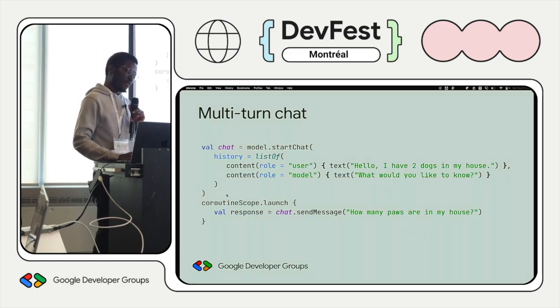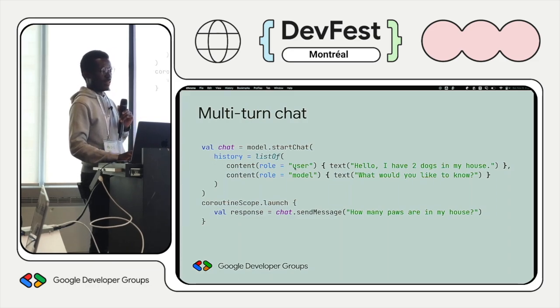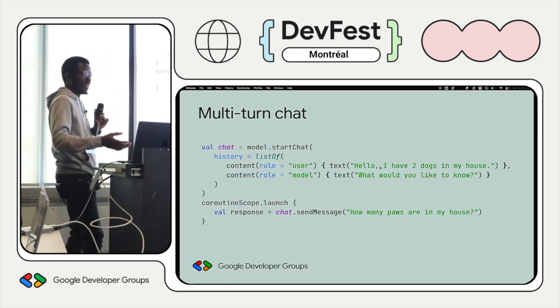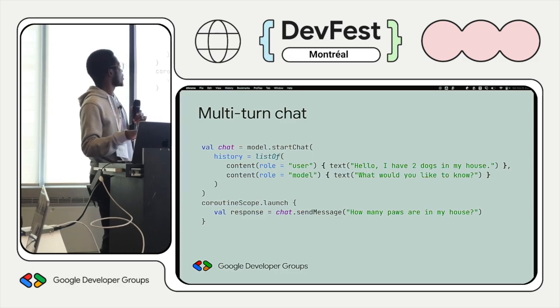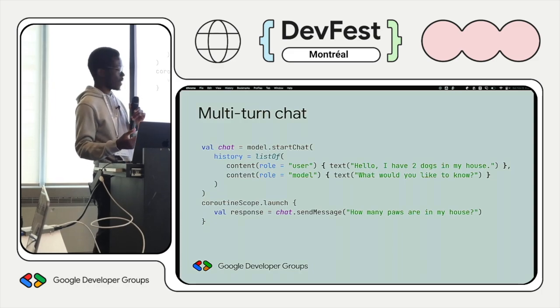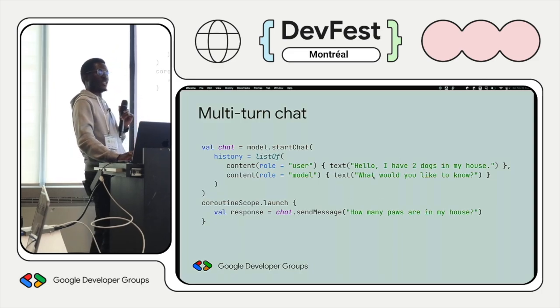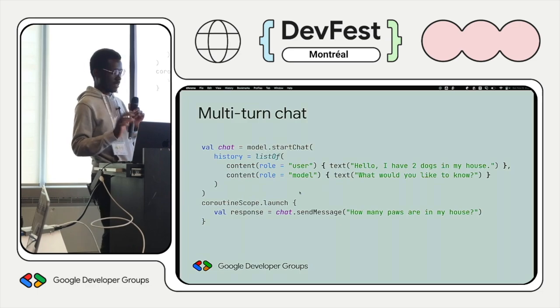You can even define a predefined, I would say, history of your conversation. For example, here I can define that the user says, hello, I have 2 dogs in my house, and the model responds, what would you like to know? From this history you can now send a follow-up question, and the AI will try to respond depending on the chat history that is already available. You can even decide to have an empty history, and that's fine.